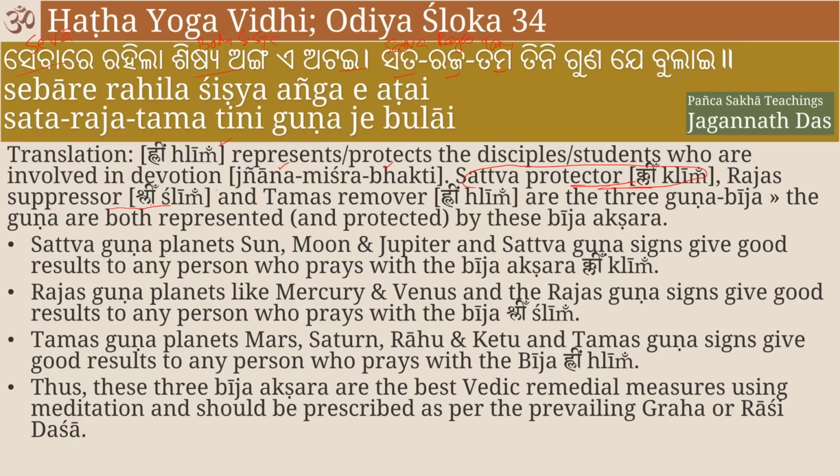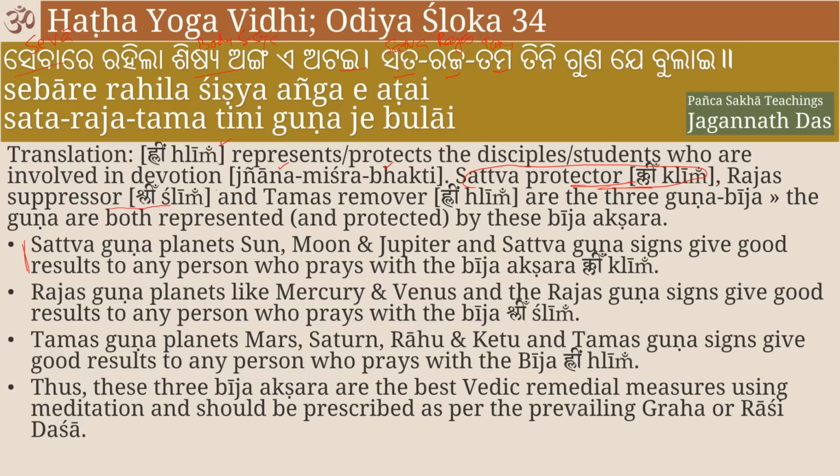Sattva guna planets Surya, Chandra, Brihaspati and Sattva guna rashis give good result to any person who prays with the bija akshara Shlim. Now this is the first Jyotish Upadesha. Very important, direct Jyotish Upadesha. The clean bija should be used with Surya, Chandra and Brihaspati as well as Sattva guna rashis.